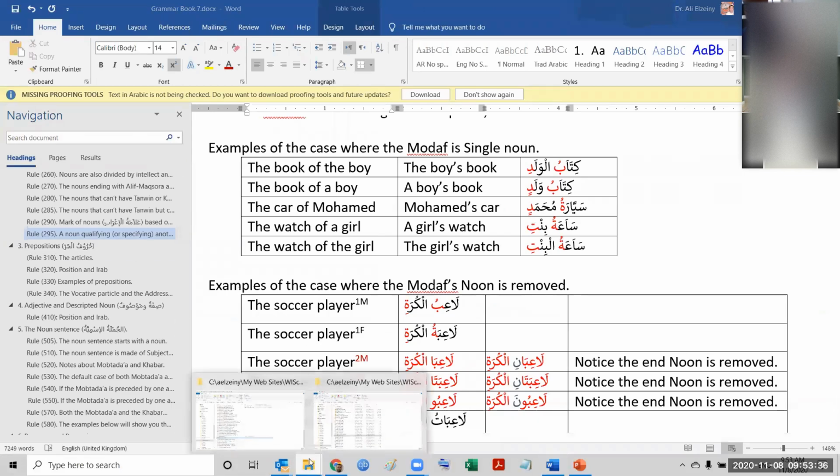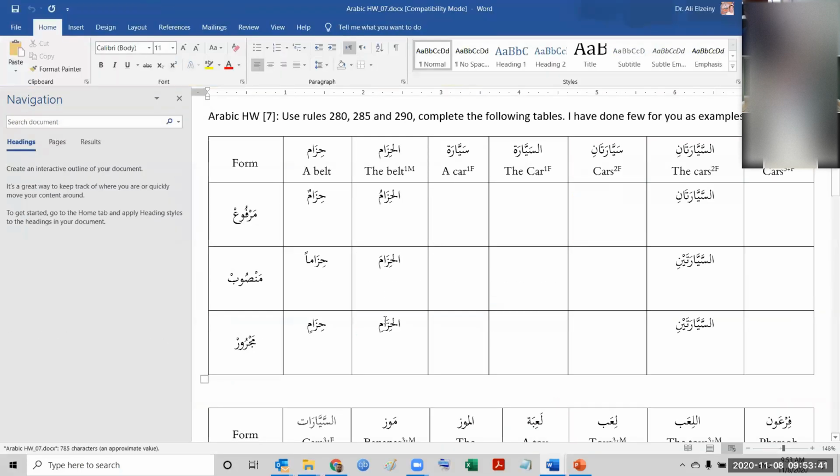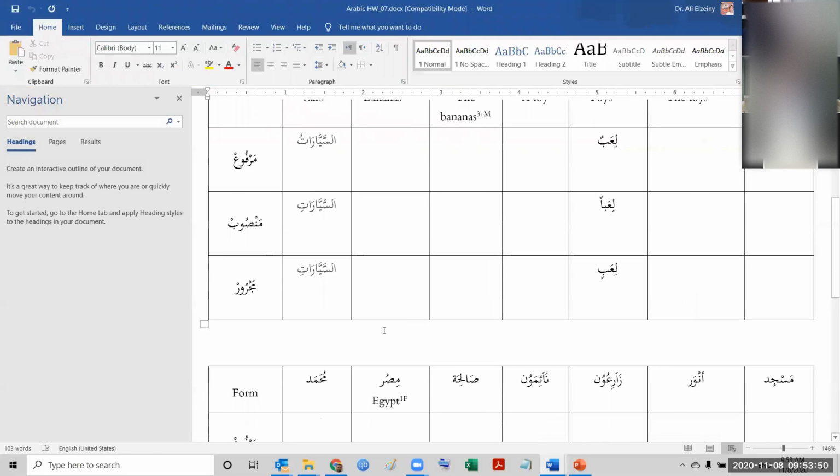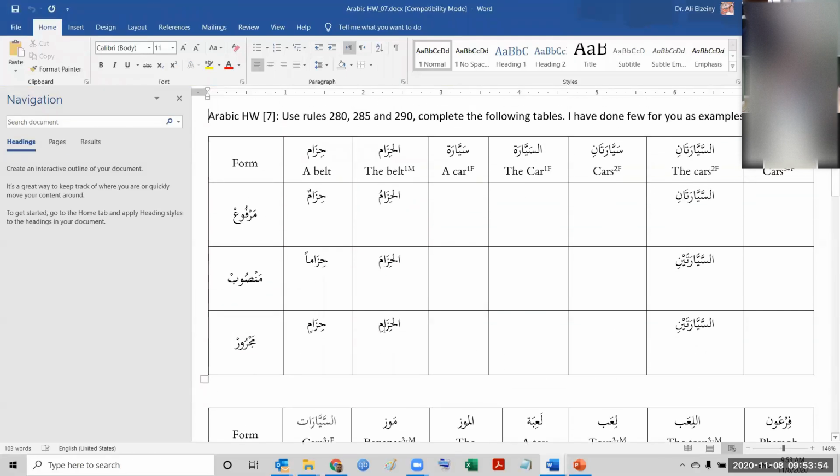Now we're going to practice this on words. So let's start from the beginning here. That's the homework.